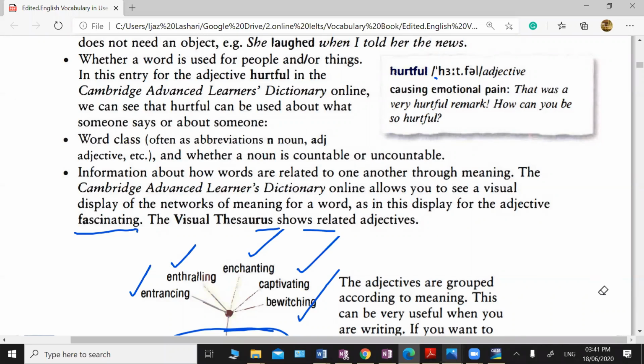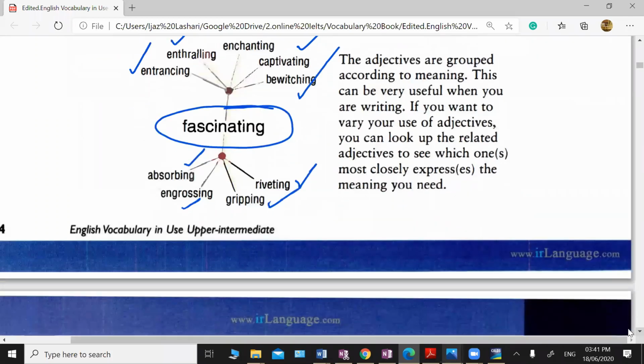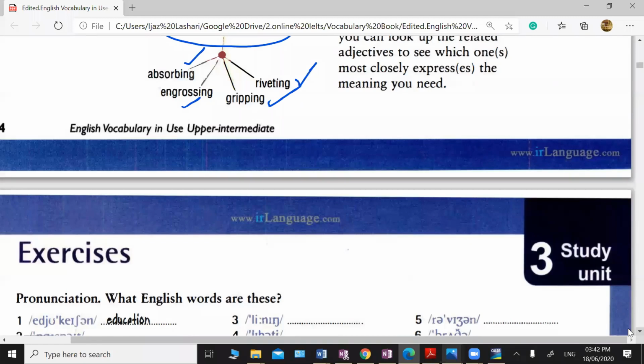Word class, like adjective, or even further, whether a noun is countable or uncountable. All right, these are the things we have discussed so far. I hope it's clear, and we will now look at the exercises of these.